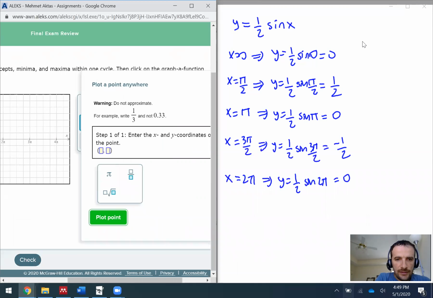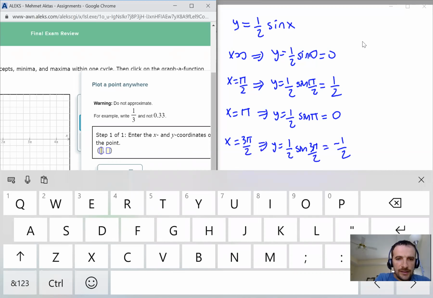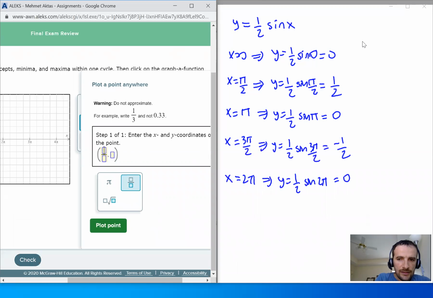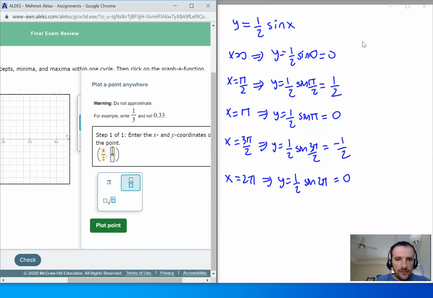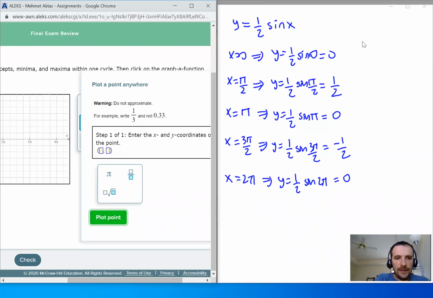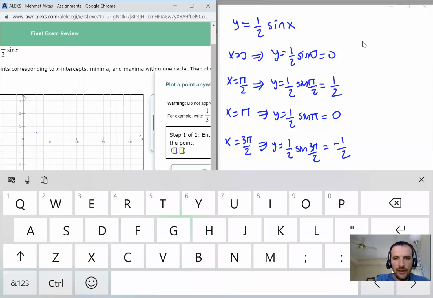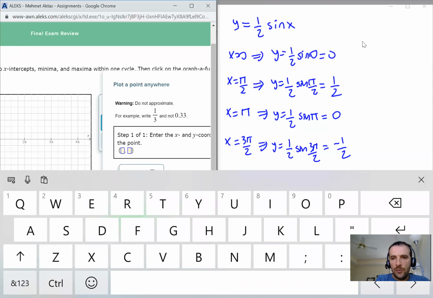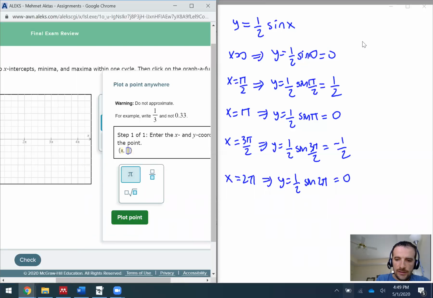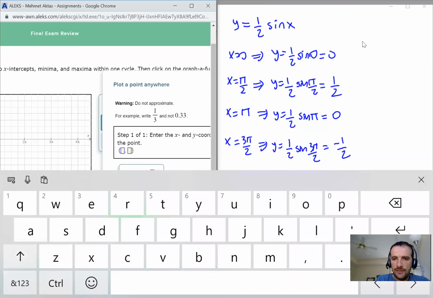Next point, x is pi over 2 and y is 1 over 2. Plot that point. As you see, we got the other point over there. And next, pi and 0. Yes, pi and 0, plot that point.